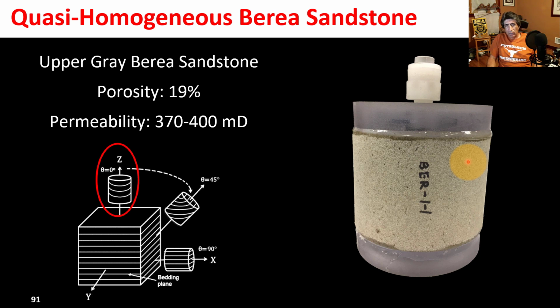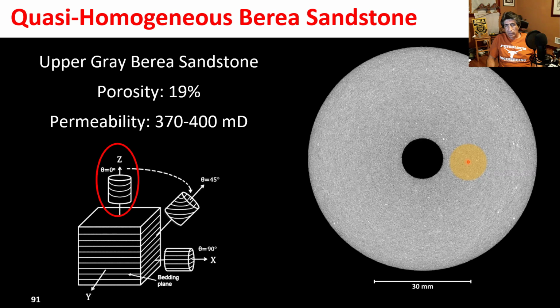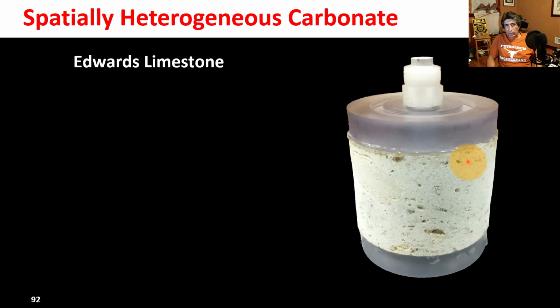And the sample was taken from a block, almost parallel to the dimensions of the main layering of the sample. And here are the CT scans before the sample is subject to invasion. This is similar to what we did to the carbonate rock, but I'll show you this in a minute.